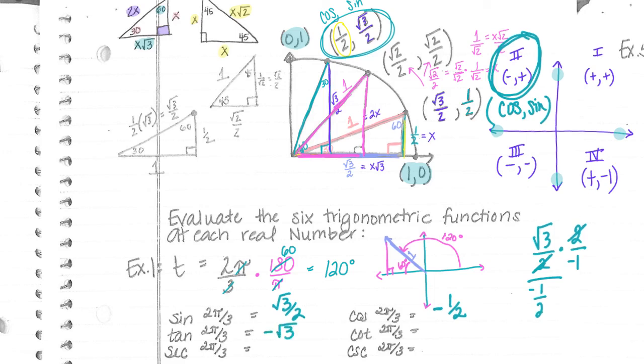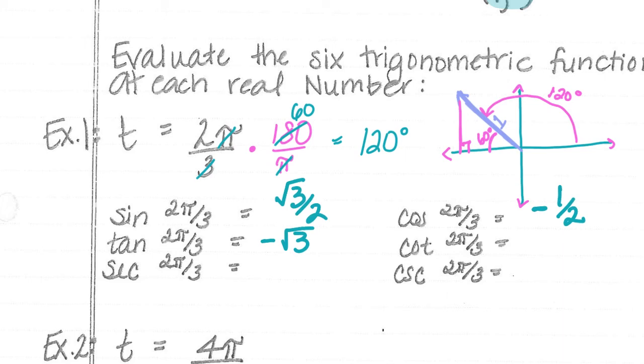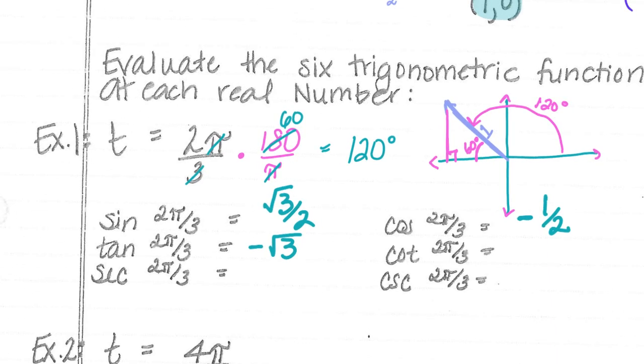Now, I have to flip everything, but this is not user-friendly for me, so we'll just deal with it. The flip of my sine is going to be my cosecant, 2 over root 3. Yes, I have to rationalize. You will get so used to rationalizing in your head that you'll just know how to write it. But as for now, I'm going to show my rationalization. The flip of cosine is sec.